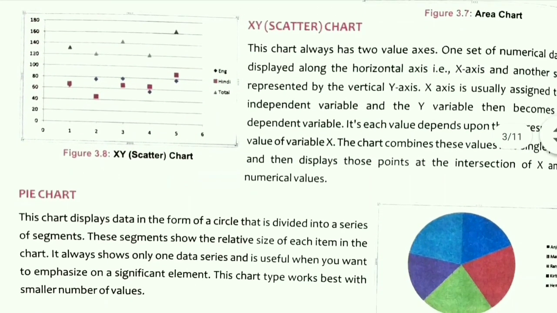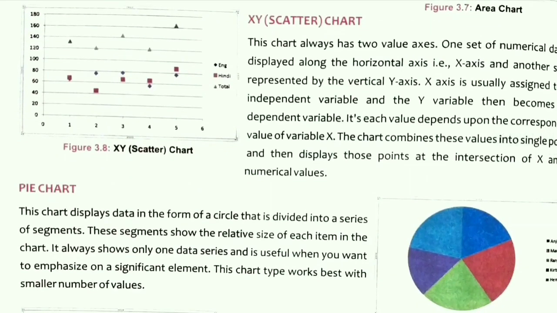The next one is XY chart or scatter chart. This chart always has two value axes. One set of numerical data displayed along the horizontal axis, that is x-axis, and other set represented by the vertical or y-axis.